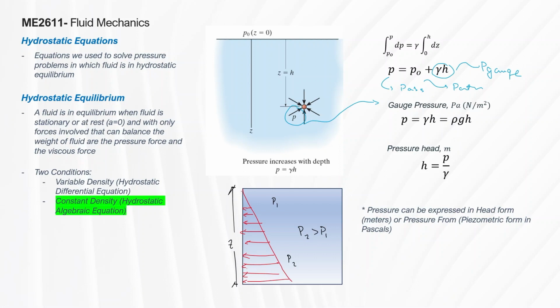And remember, acceleration due to gravity natin we'll be using is 9.8066, especially during exams. Okay? So you can represent gamma h into rho g h. So basically this is P abs, this is atmospheric, and this is your pgh. Okay? And pressure can be expressed in head in meters or pressure in pascals.